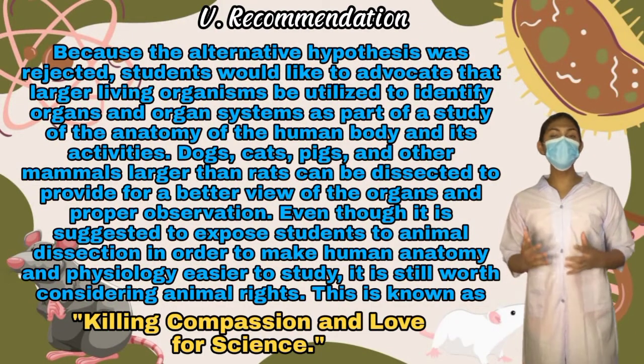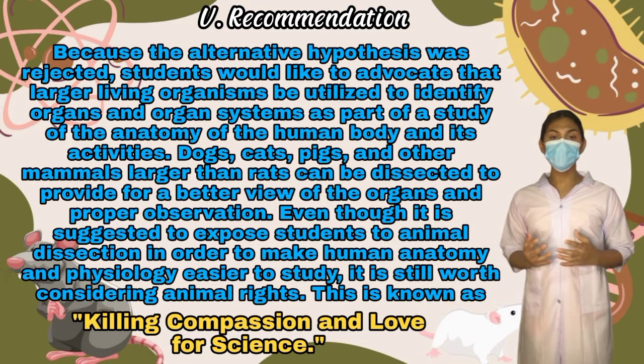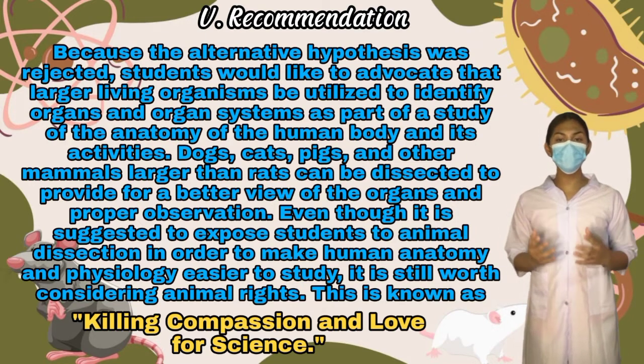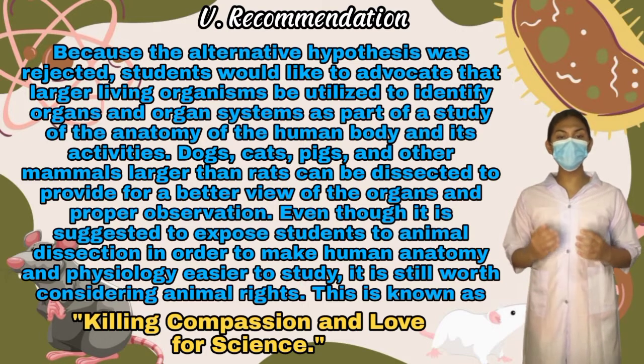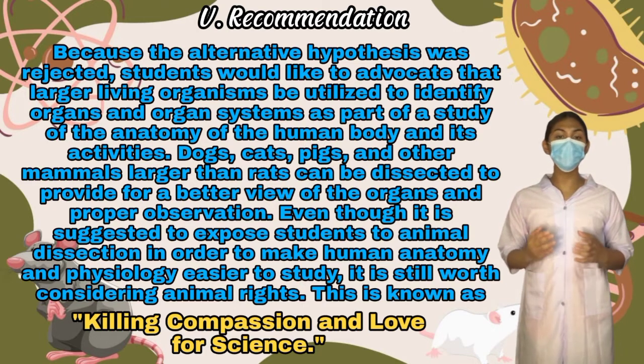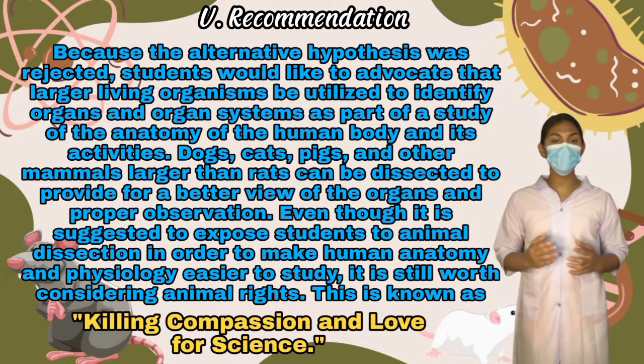For the recommendations, because of the rejected alternative hypothesis, students would like to recommend that it is necessary to use larger living organisms that can be used to identify organs and organ system as a study of the structures of the human body and its functions.